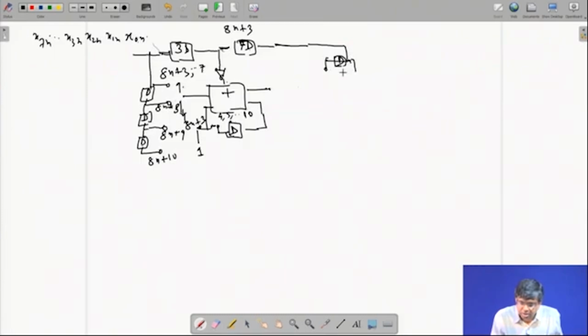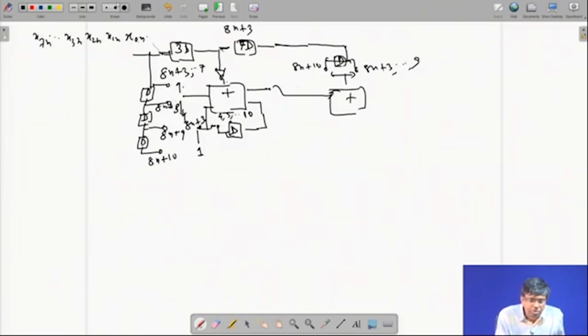This is delay. So 8n plus 3, 4, 5, 6 up to cycle 9, it will be here, and after the delay it will be 8n plus 10. Let me draw nicely.